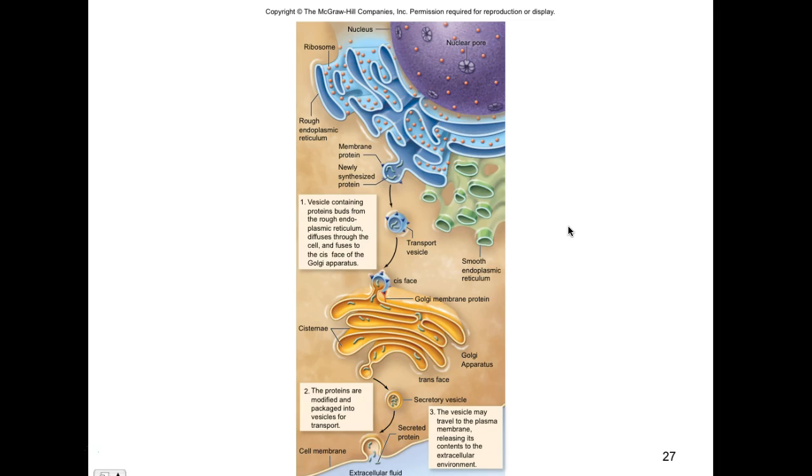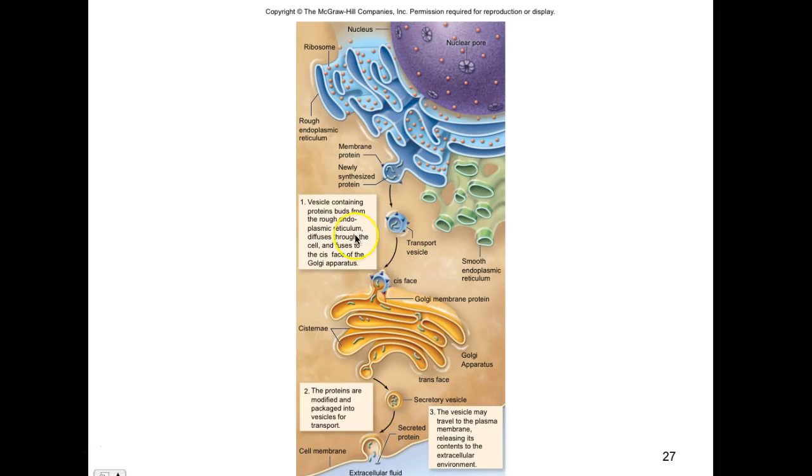If we think about the packaging of materials, here you have the nuclear envelope, the rough ER, the smooth ER. So if we have a membrane protein that has been synthesized by the ribosomes there, it gets packaged in this transport vesicle, and the transport vesicle is going to come in.